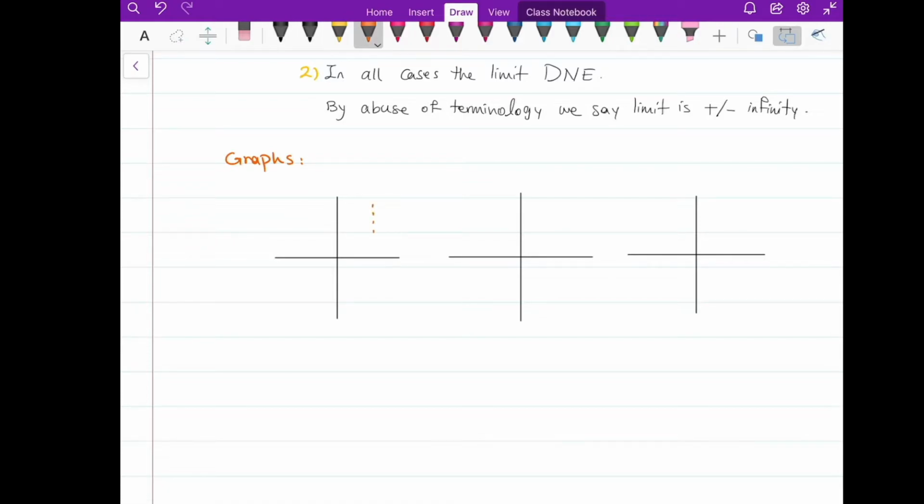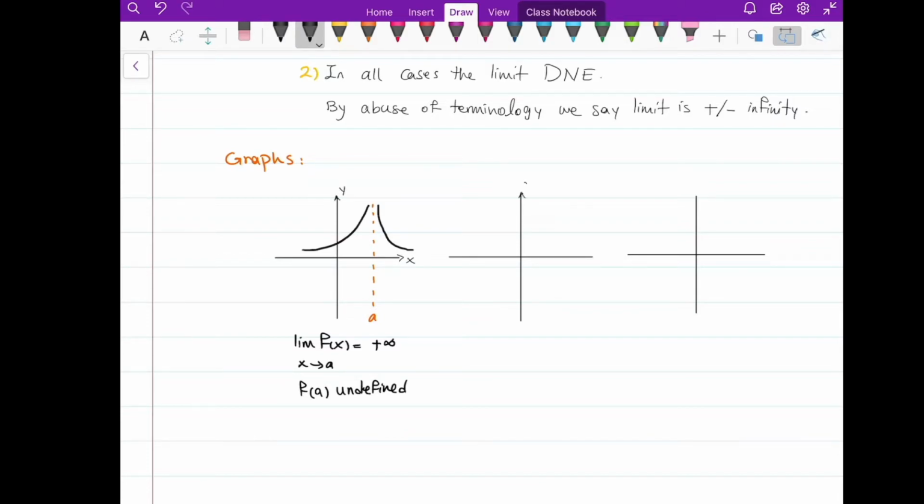At x equals a, our function could go to, you see, from the left it goes to positive infinity, and also from the right it goes to positive infinity, and we say that the limit of f of x as x goes to a is positive infinity, and f of a is undefined. I don't have the value of the function here.